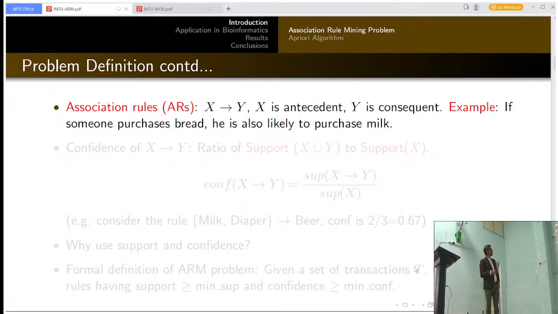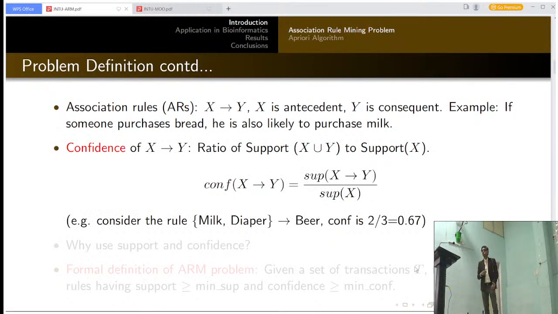Now we define the confidence of a rule X implies Y this way. Confidence is defined using the support of the rule. We have defined the support of an item set, so how do we define the support of a rule? Support of a rule is defined as the support of the antecedent union consequent, this item set.